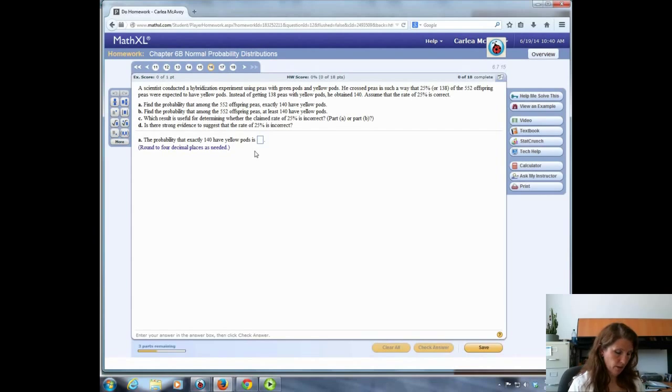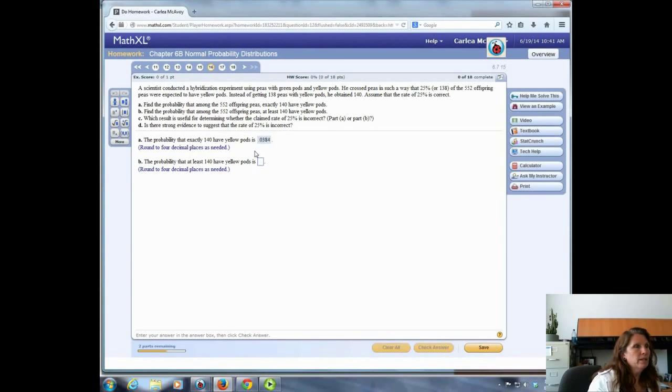My lower bound is 139.5, and my upper bound is 140.5. And I got, to 4 places, 0.0384. And so it accepted it even though it wasn't exact, which is what was happening over there. I wasn't sure how close I'd have to be.